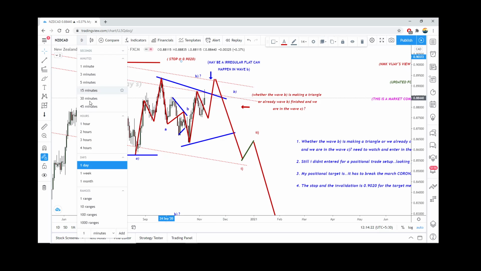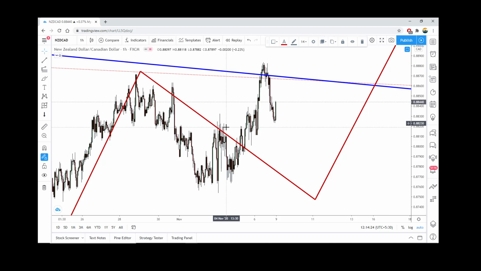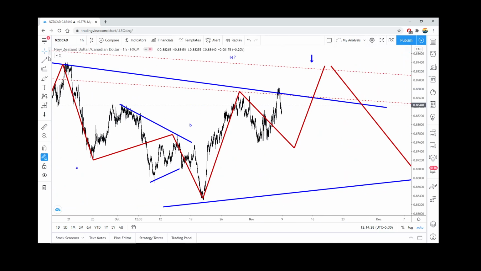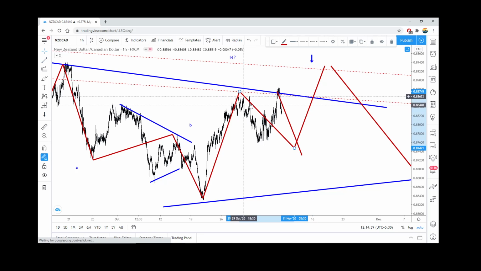So from now, how it happens in the smaller time frame here, one more drop is also possible, whether that could be in a running flat or an expanded flat also. So here we have to mark it as ABC, A, B, and one more here.